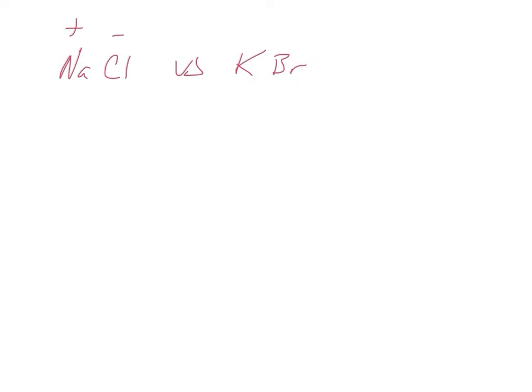That's a +1, that's a -1, that's a +1, that's a -1. The charges have nothing to do with this, okay? So now we have to deal with what's the size. Potassium is bigger than sodium. Bromine is bigger than chlorine. So who's got a stronger lattice energy? Those that are smaller. So sodium chloride is stronger than potassium bromide.